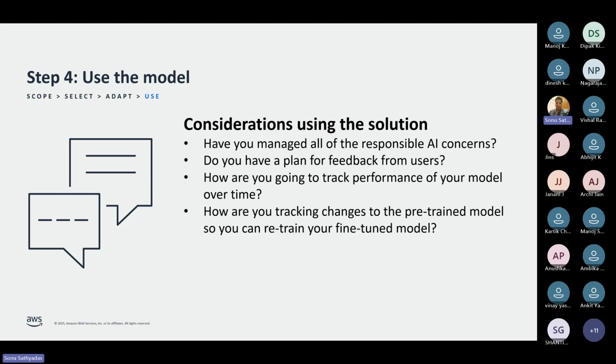But maybe after some days or after some months, we need to again update this model because the organization is continuously generating new data. So we have to continuously update the model according to the data generated in the organization. So how are we planning or tracking those changes, or how frequently are you going to update your model?